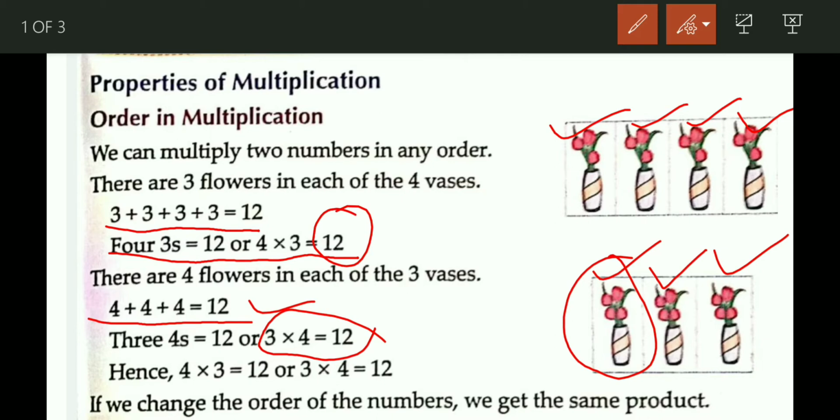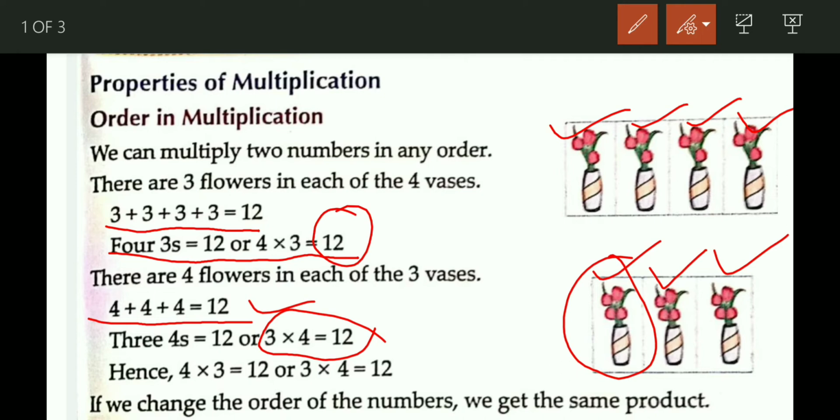So whether you write 4 into 3 or 3 into 4, the answer will always be 12. It will not change. All right. So 4 3s are 12 or 3 4s are 12. It is the same thing. Okay. So here, what does it say? If we change the order of the numbers, we get the same product.